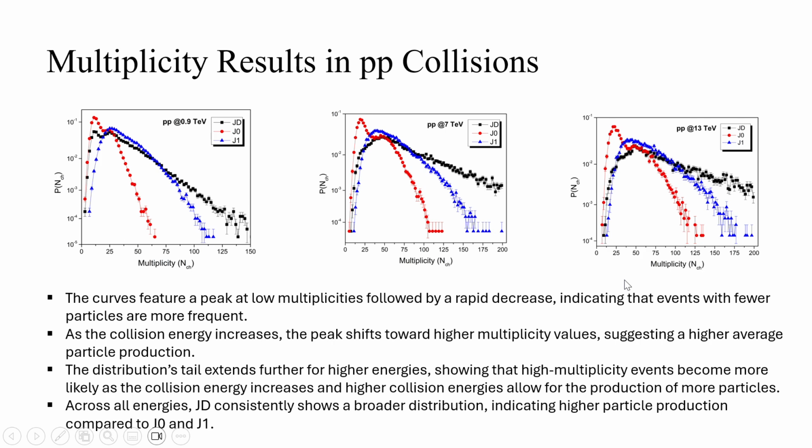First of all, you have to know that multiplicity is the total number of charged particles produced after the collision. We are colliding proton and proton, so after the collision of pp, the total number of charged particles produced is called the multiplicity, denoted by nch.